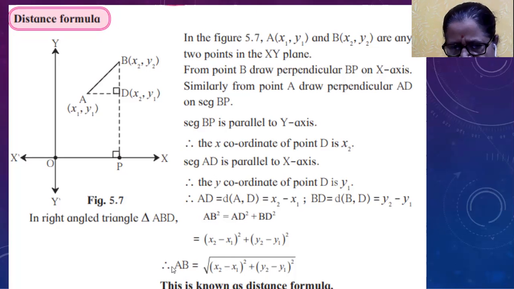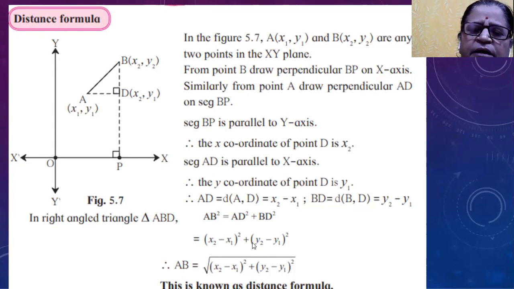Therefore AB square is equal to x2 minus x1 bracket square and y2 minus y1 bracket square.